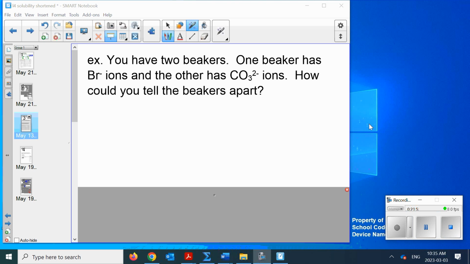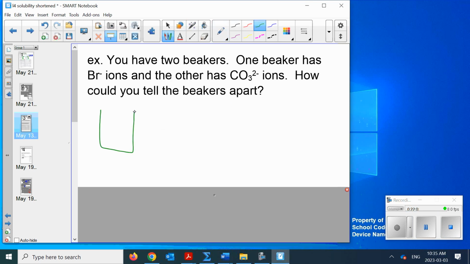Here's what it is. I have a lab. Now, I've labeled them, but I'll just call it solution B, solution A. The unknown.